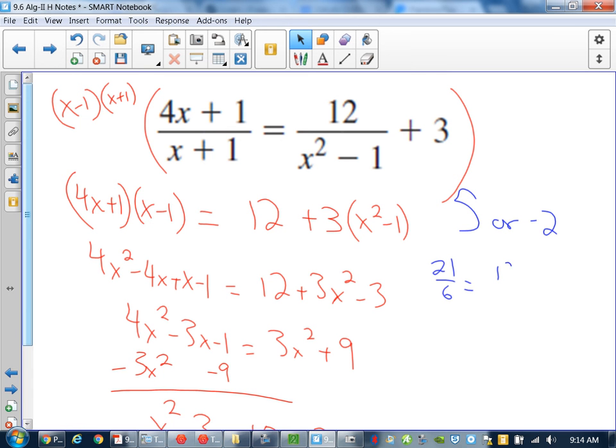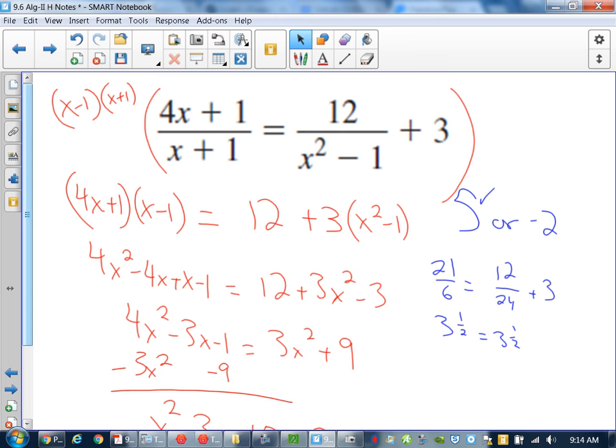And let's see, that's 12 over 24 plus 3. That's 18 and 3, 6. That's 3.5. Isn't it? And that's 3.5. So this works.